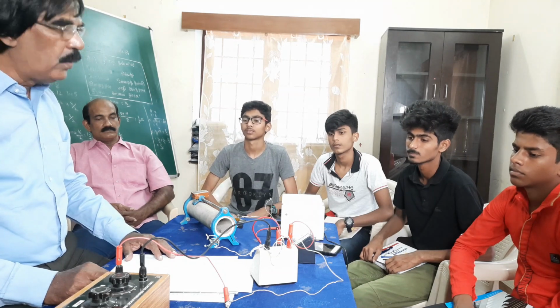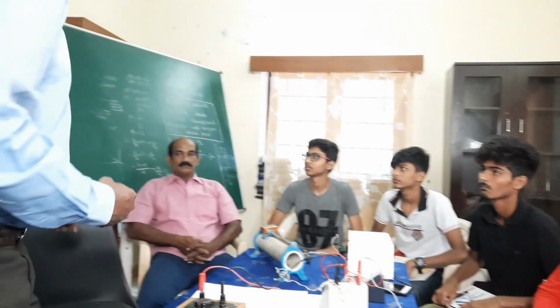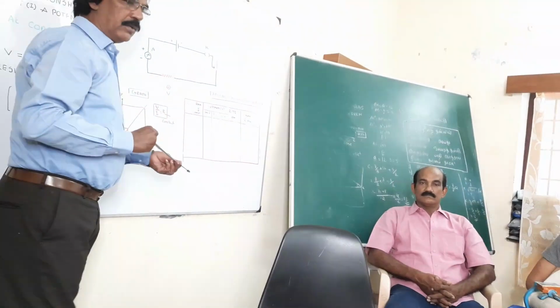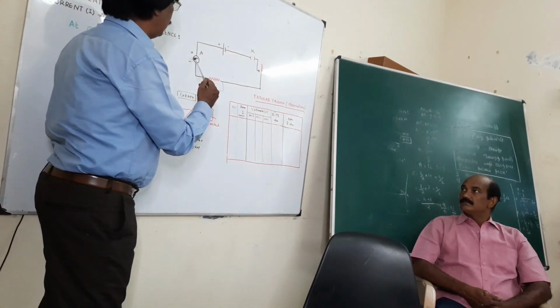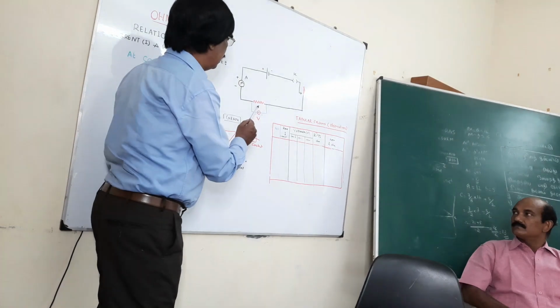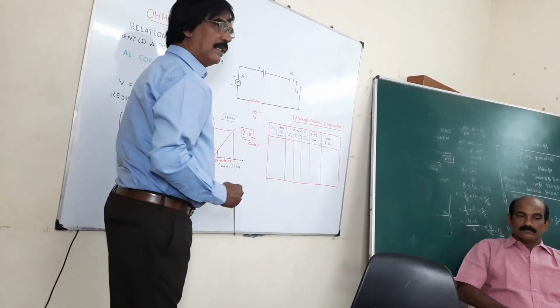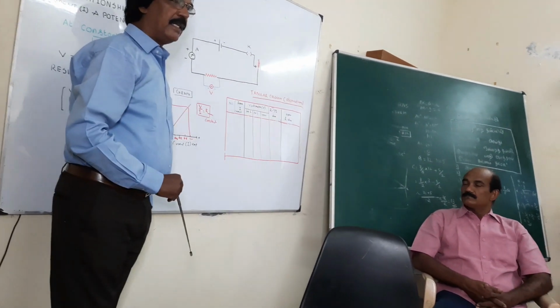Now see the circuit, how it is connected. See the board, in the board I have shown this circuit. Battery I have shown here, and this is connected to the positive of the ammeter. Then from there is resistance. You can ask me one question, where is the resistance here?